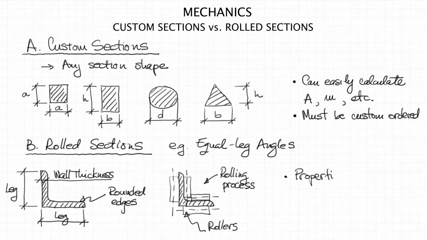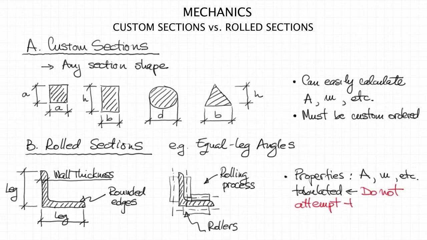Now, the problem with these sections is that because of those rounded corners, it is not easy to determine their cross-sectional areas and their mass. But these numbers are tabulated, so somebody else has gone through the pain of calculating the properties exactly and listed these numbers in a table.